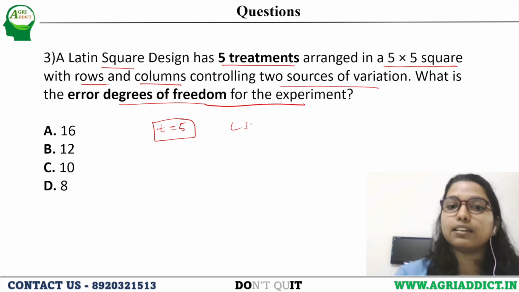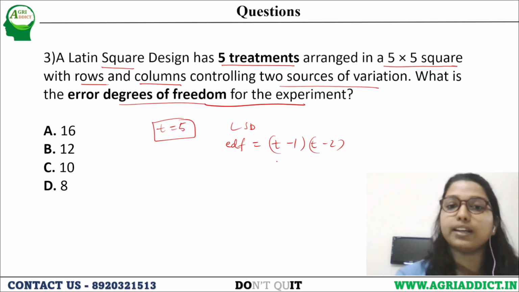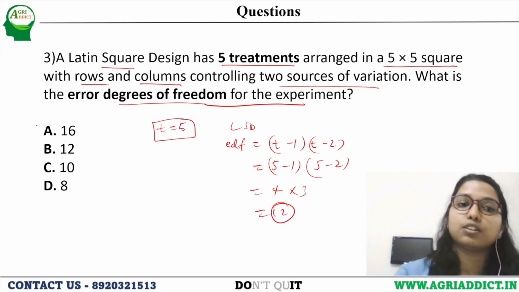For LSD, we just studied error degree of freedom would be t minus 1, t minus 2, right? So t is 5. So what we'll do, 5 minus 1, 5 minus 2. So it is 4 into 3. 4 3s are 12. So the answer is B, 12.